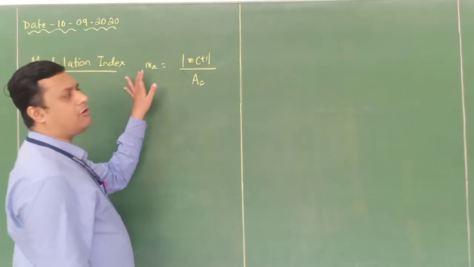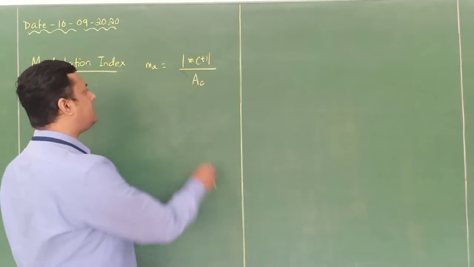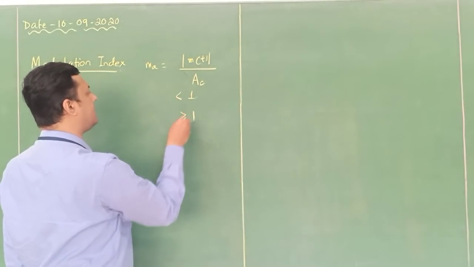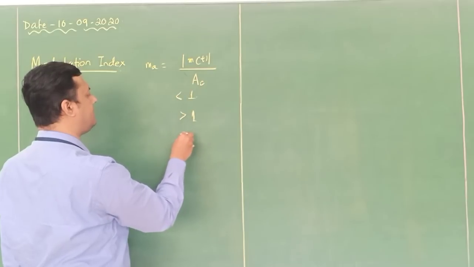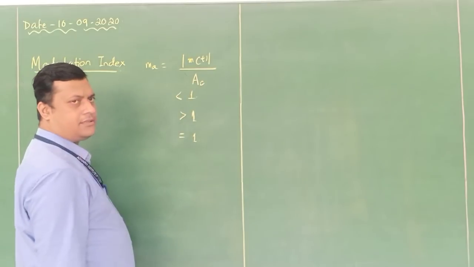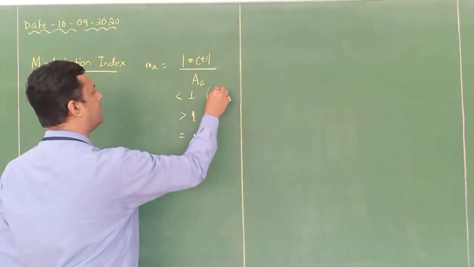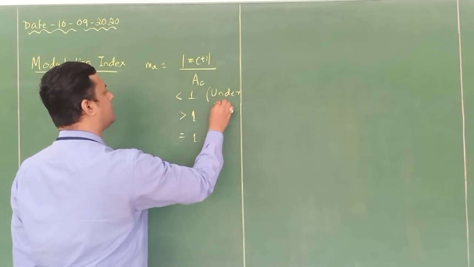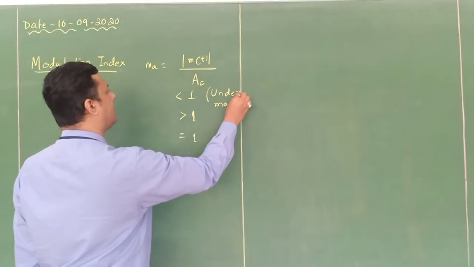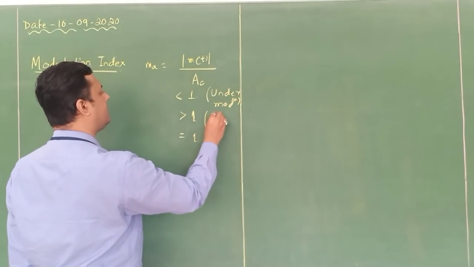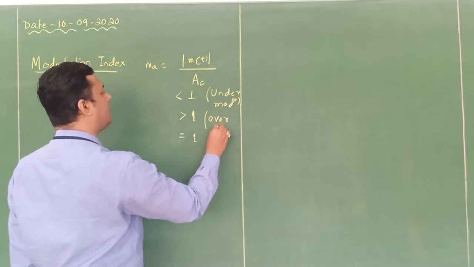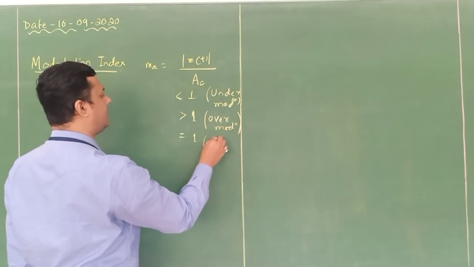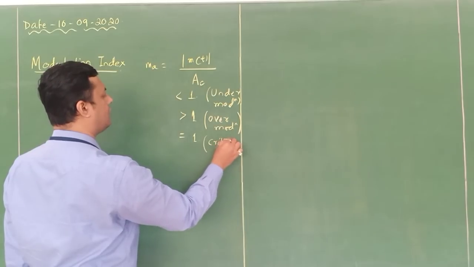As we have seen, we consider what happens if it is less than 1, greater than 1, and equal to 1. If it is less than 1, it is called under modulation. If it is greater than 1, it is called over modulation. And if it is 1, it is called critical modulation.